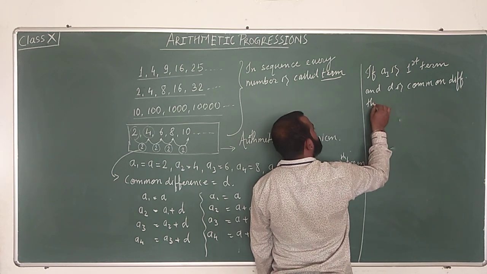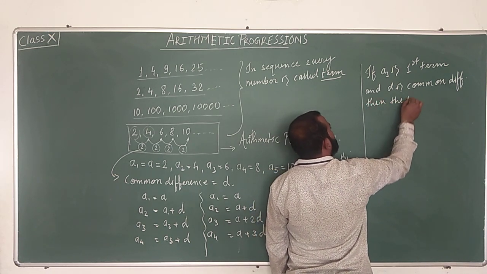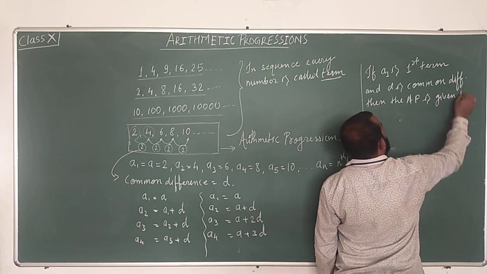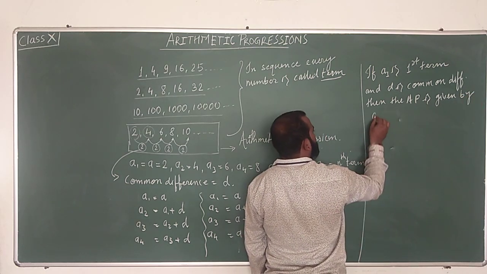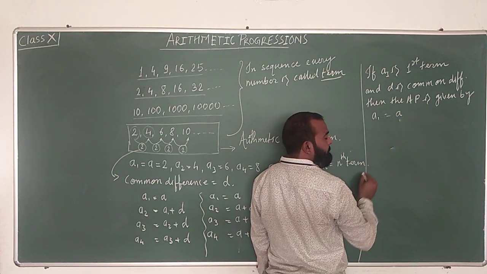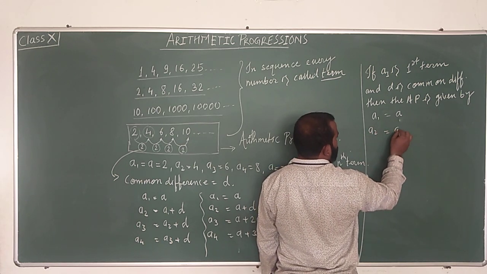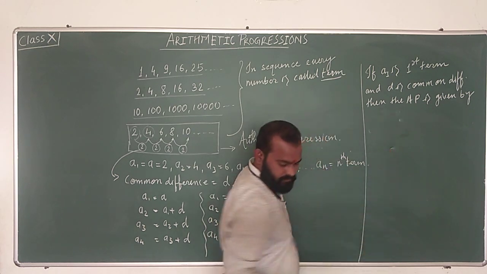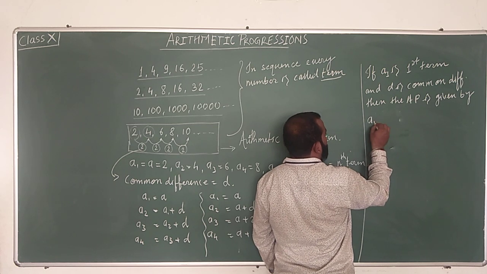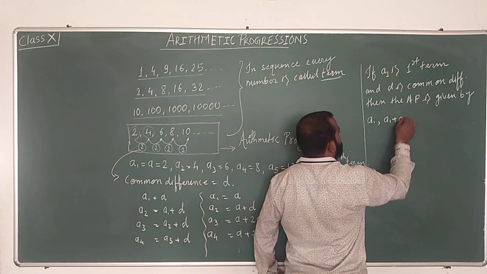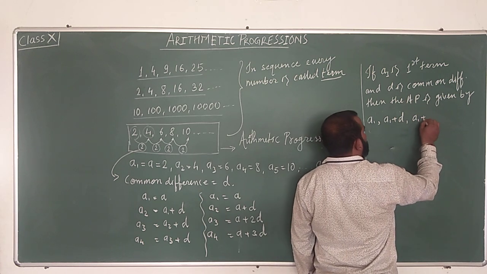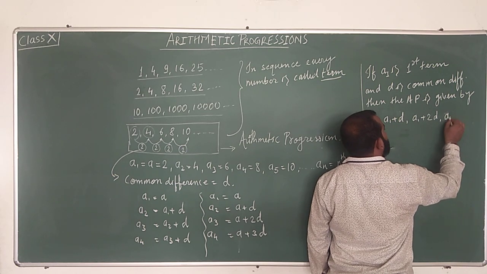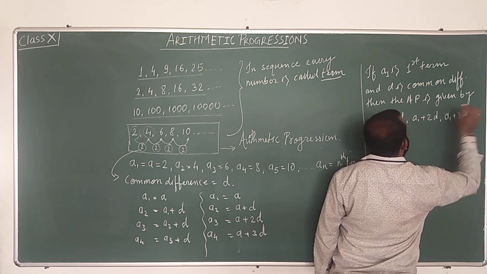then the AP is given by a1, that is equal to a, then the AP is given by a1 comma a1 plus d comma a1 plus twice d comma a1 plus thrice d, and so on.